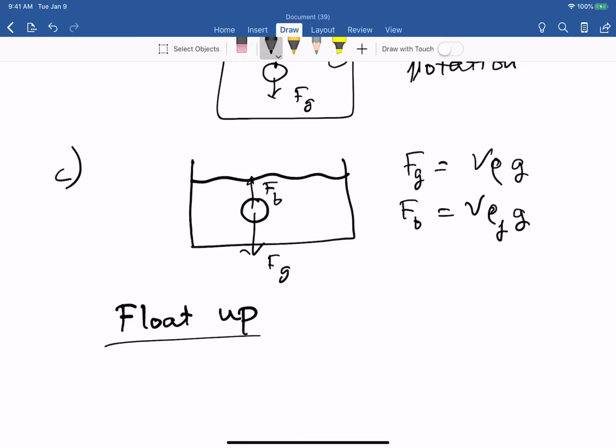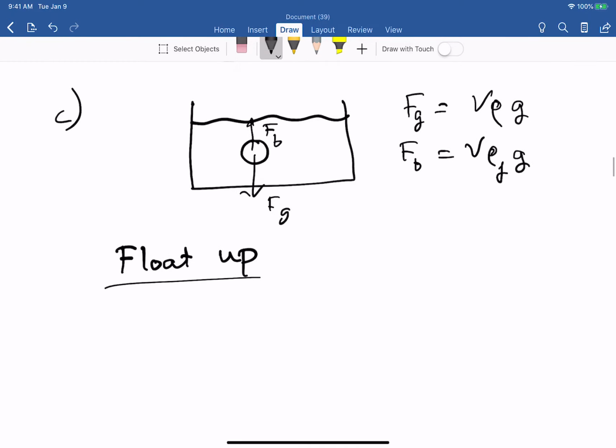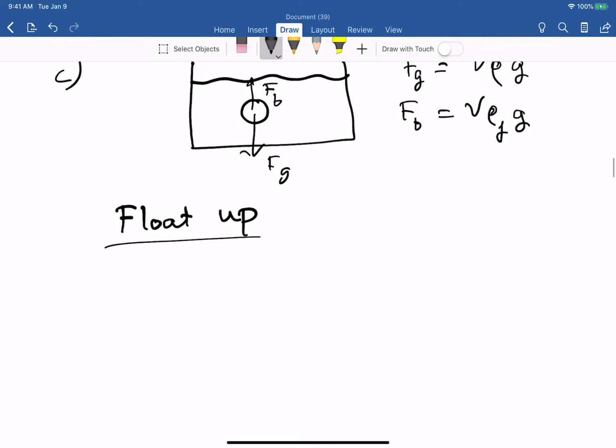All right, now let's consider the second part of part C. What's going to happen when it reaches the surface? It has an upward acceleration, so when it reaches the surface, it's going to penetrate the surface and part of it is going to come out. But remember that the buoyant force depends on how much is submerged.